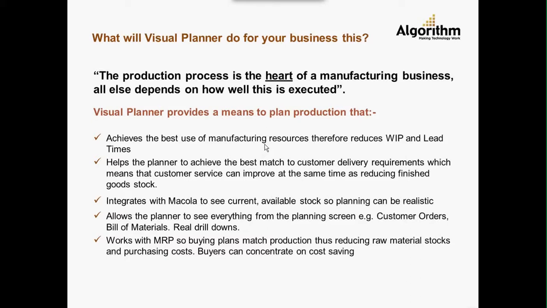So the production planner or production scheduler has a lot of information at their fingertips to make the right decisions. They're not firefighting. They can see everything, and a lot of our customers have licenses out on the shop floor, so employees can see what's going on.